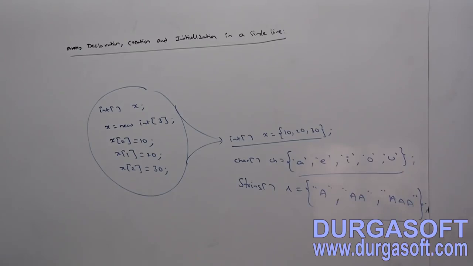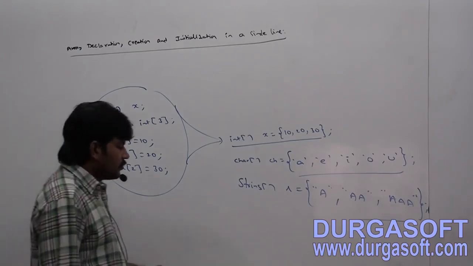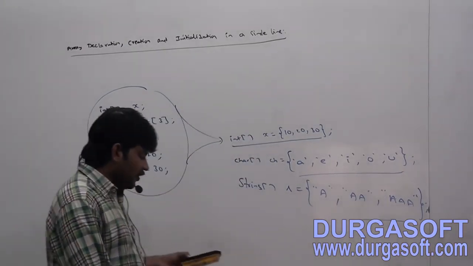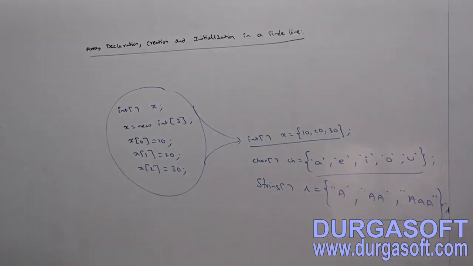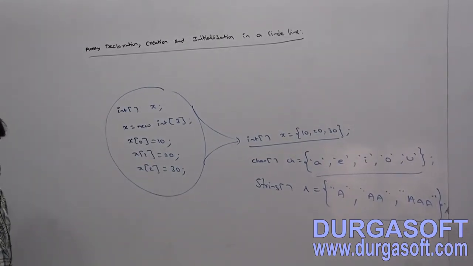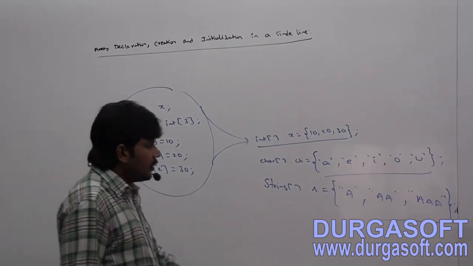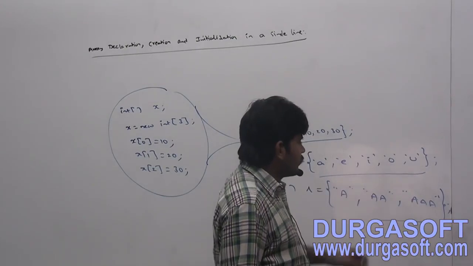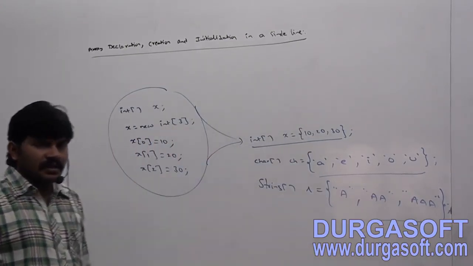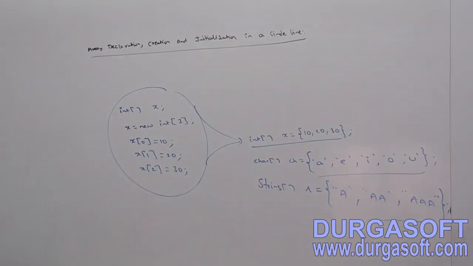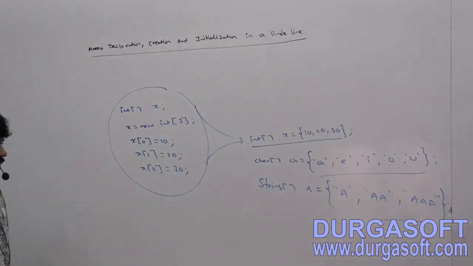Like char array ch is equal to a, e, i, o, u. Next string array s is equal to a group of strings, like this.